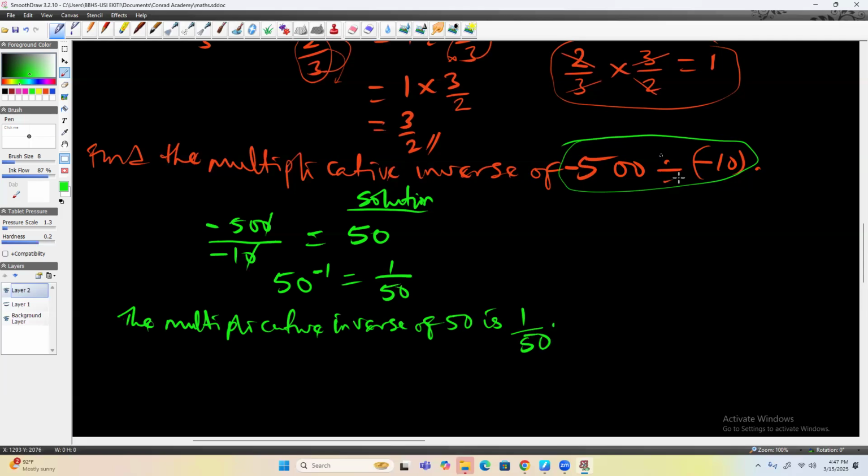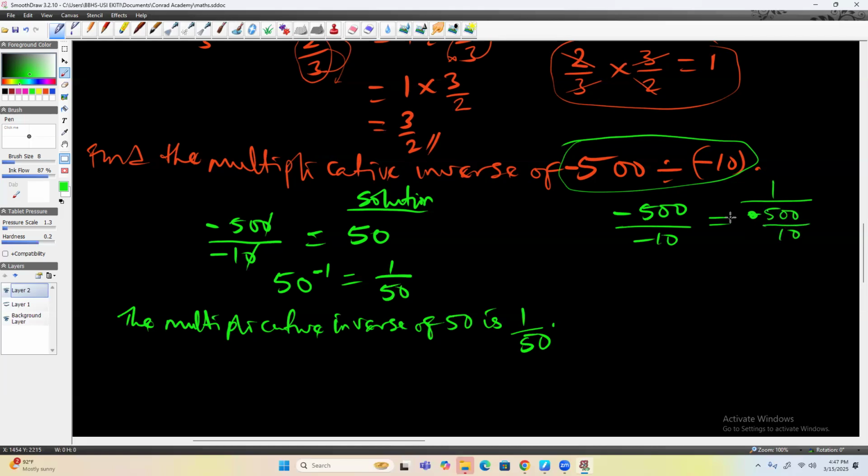Or sometimes you can decide to solve this question like this. Since you have minus 500 divided by minus 10, you can find the multiplicative inverse, just invert this. And inverting simply means 1 over this. So this is 1 over minus 500, but since negative will cancel negative, you have positive.